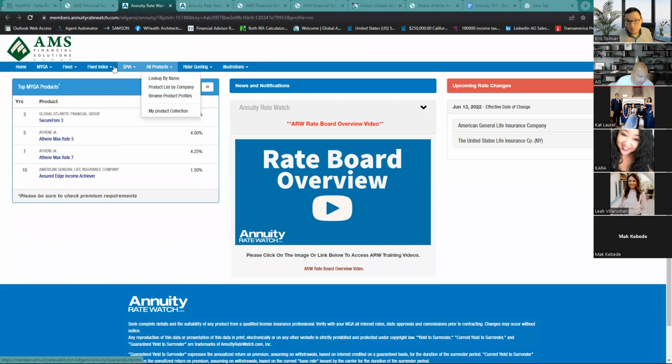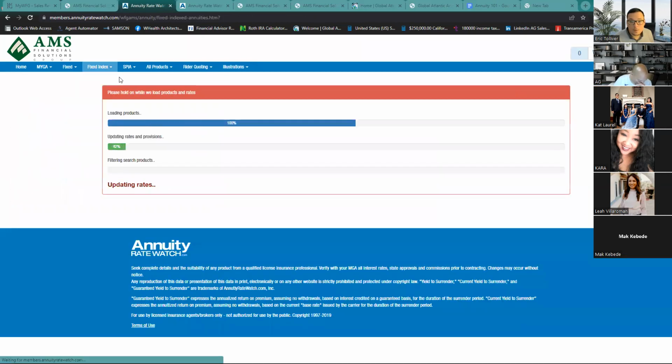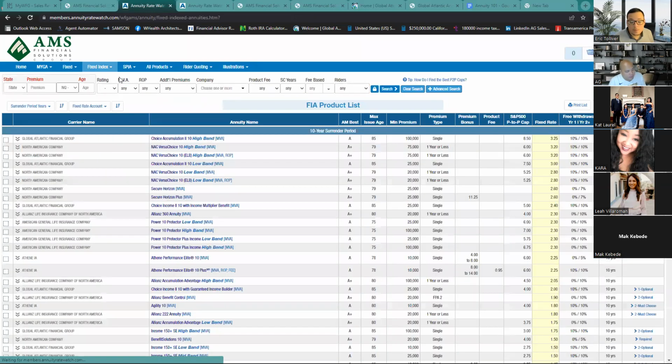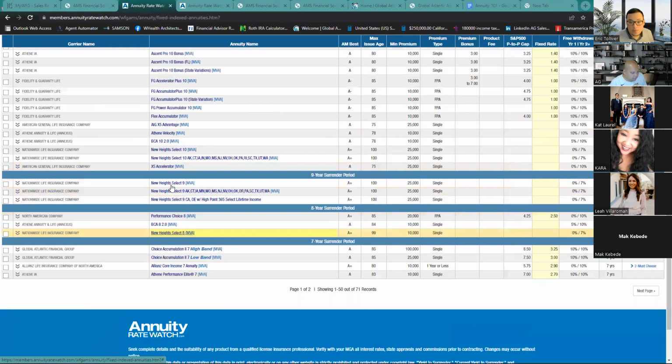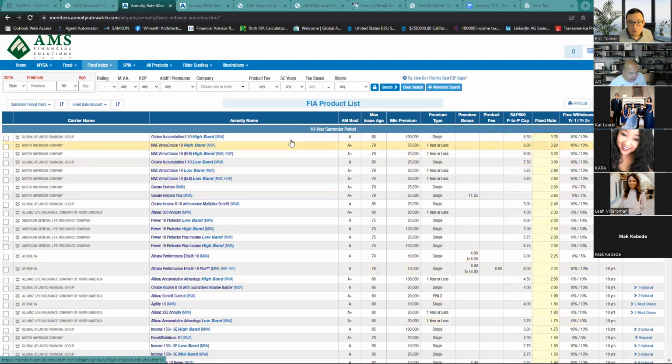So for example, I'm looking up fixed index annuity product list. And so you're gonna see all of the fixed index annuities here.